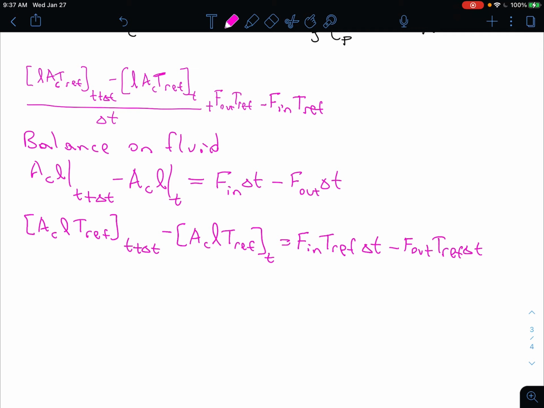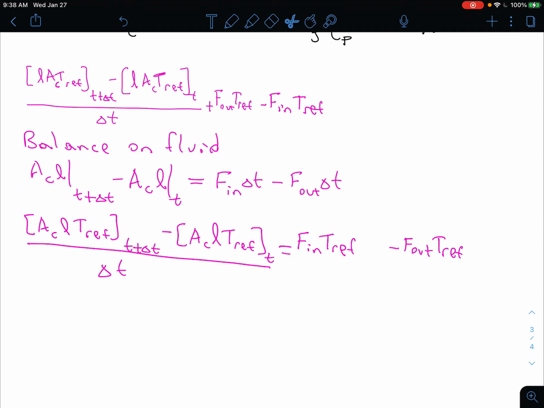And let's divide through by delta T. So I'm going to just move delta T to the other side. And so now notice that I have an equal sign in the middle. Let me just draw that a little more carefully.